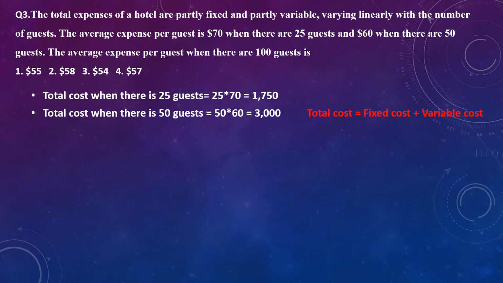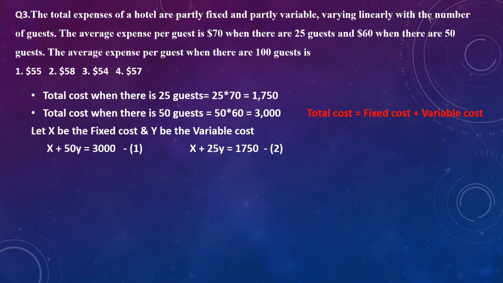So from this we can prepare another equation from the question. Let x be the fixed cost and let y be the variable cost. So we can prepare an equation: x plus 50y, because the variable cost varies according to the number of guests.